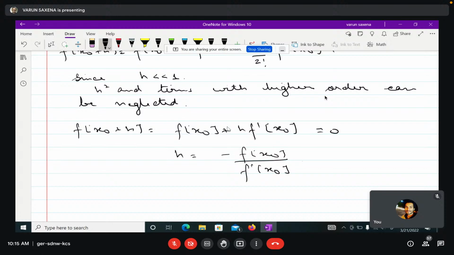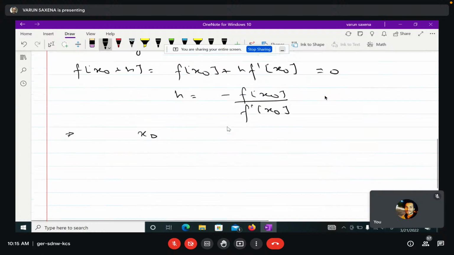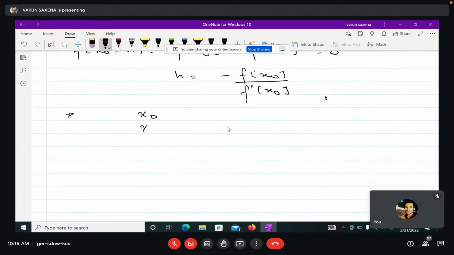If this is the case, then since we chose an initial approximation as x0, the next approximation we chose was x0 plus h. This implies that we began with x0, then the next approximation, which was x0 plus h, can be written as x0 minus f(x0) over f'(x0). Let us call this x1.